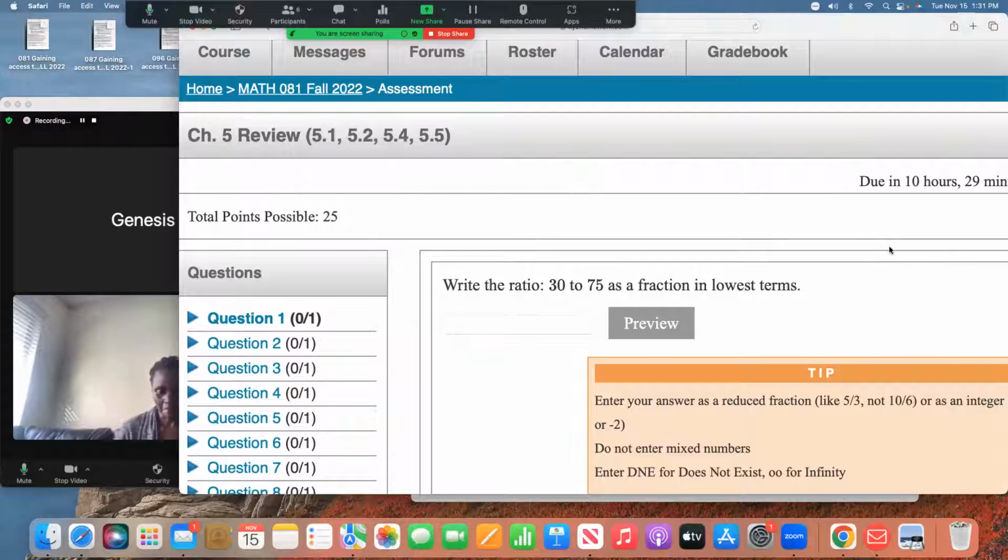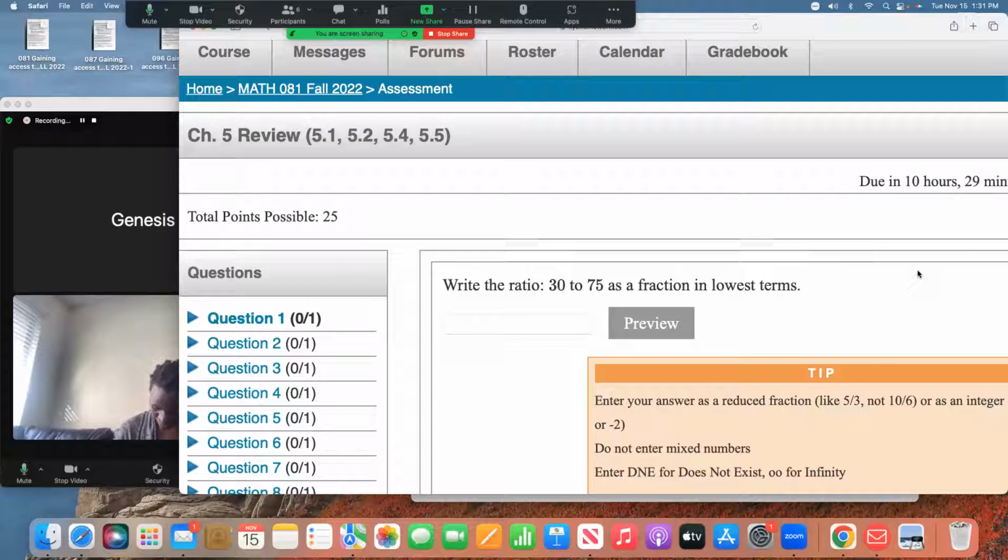This first problem is a ratio, and the first number is 30 and the second number is 75. So you take 30 on the top and 75 on the bottom, but you've got to reduce it. Now they both reduce by 5 because one ends in 0, the other ends in 5. And so that's one way to do it.